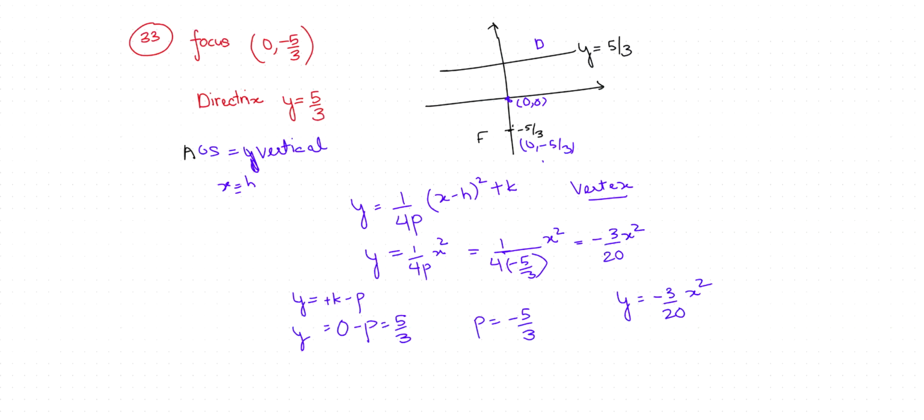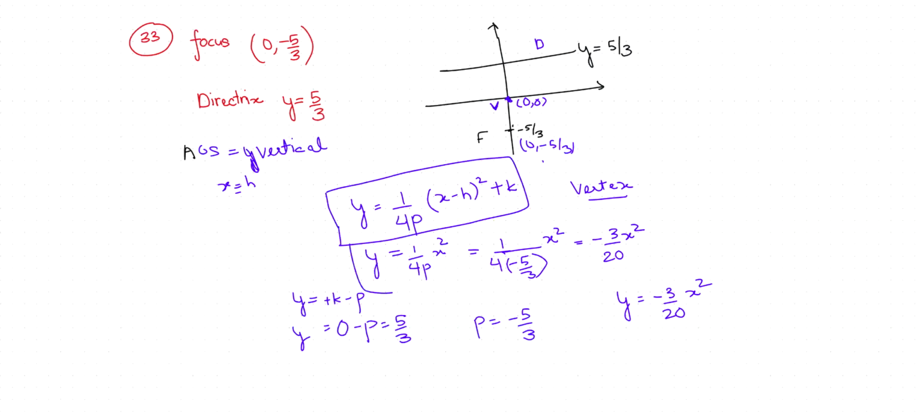We wanted to know, when there was a focus and directrix, we found the vertex, which is halfway between focus and directrix. Then because the axis of symmetry was vertical, this equation of the parabola would work, and h and k were 0. So we used this equation.